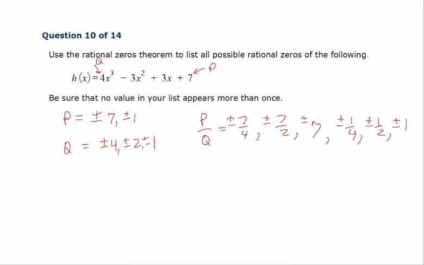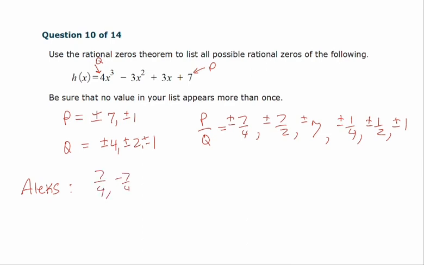Now, you don't have to write this next part, unless you want to. But in ALEKS, they want 7/4, comma, negative 7/4, comma, 7/2, negative 7/2.